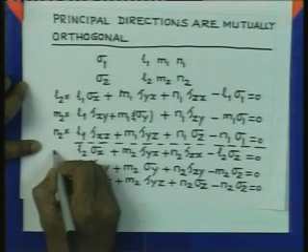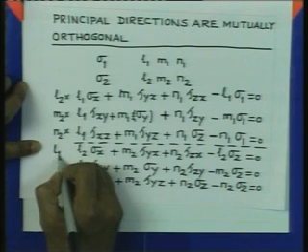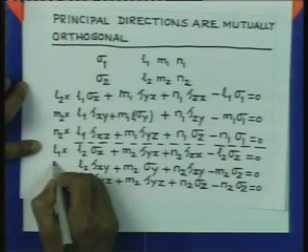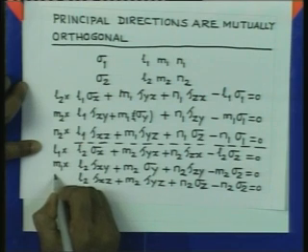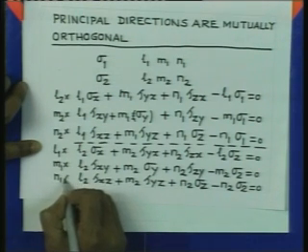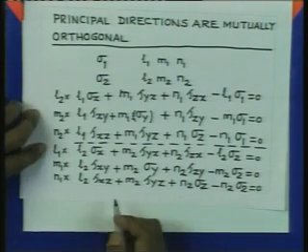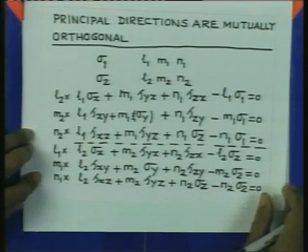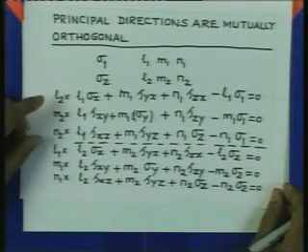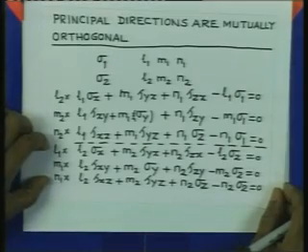Then we multiply this equation by L1, this second equation by M1 and this equation by N1. Again we add up these three relations, and then the resultant out of this sum is subtracted from the sum that we have got from this.